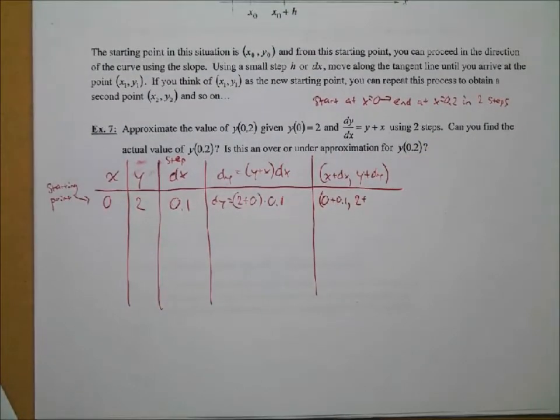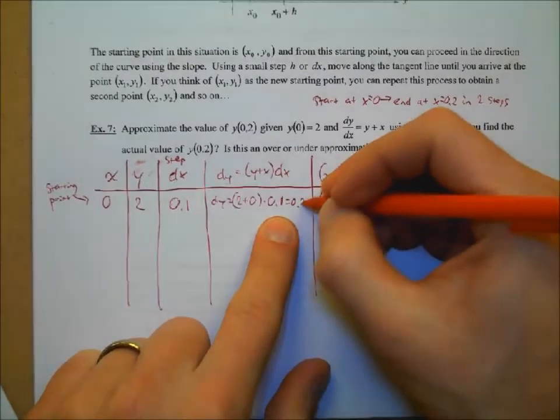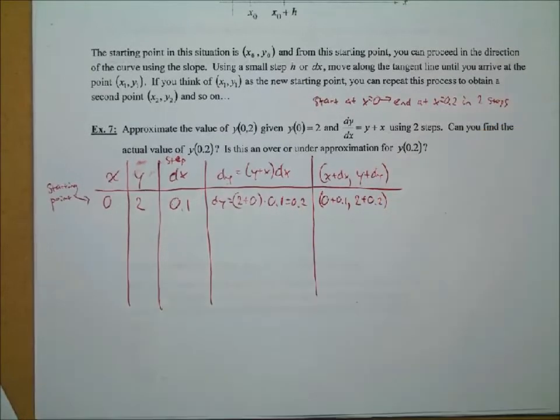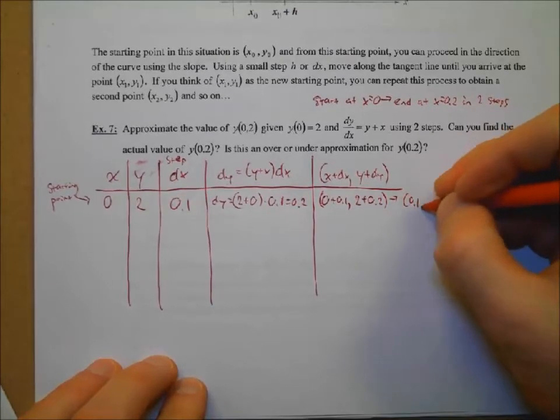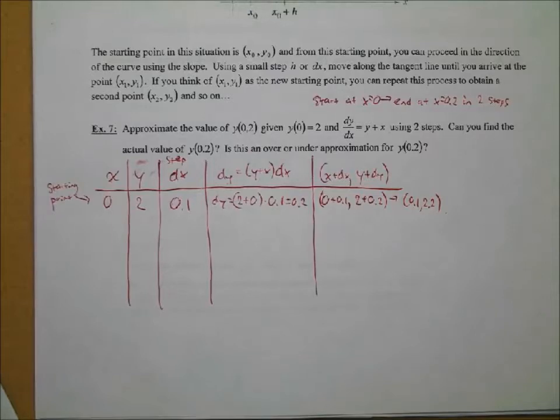So 2 plus 0 is 2, times 0.1 is 0.2. And so our y value is going to change by 0.2 according to our differential equation. In other words, this point is now 0.1 comma 2.2.